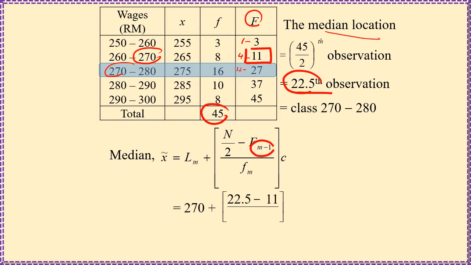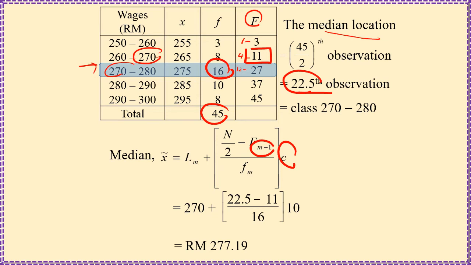So minus 11, divided by the frequency of the median class, which is 16, and multiply by the class width. The class width is the difference between the upper and lower boundary, which here is 10. Using your calculator directly, we get RM277.19.